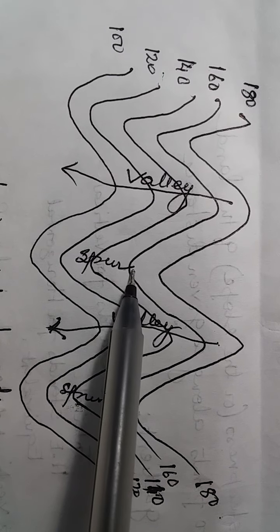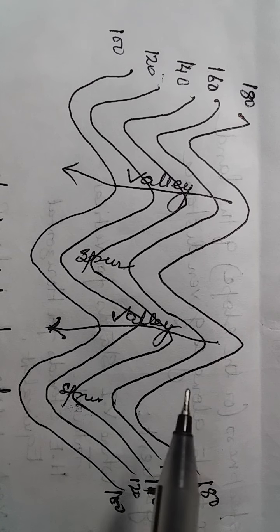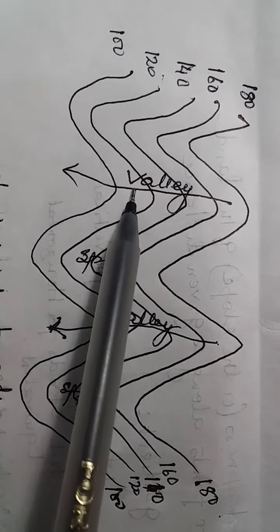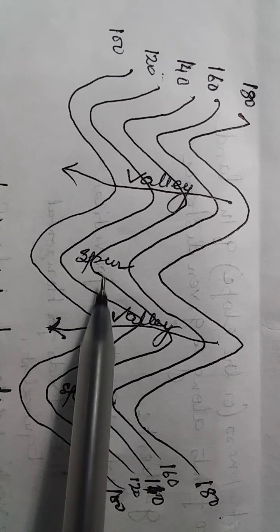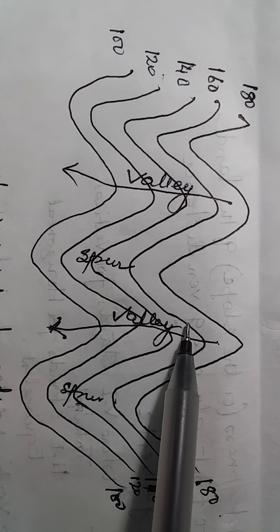A valley is a low-lying region between two mountain ranges, whereas a spur is a portion of the highland which projects into the surrounding low-lying region. So a valley is a lower region, whereas a spur is a higher region. Between two valleys you have a spur, and between two spurs you have a valley.